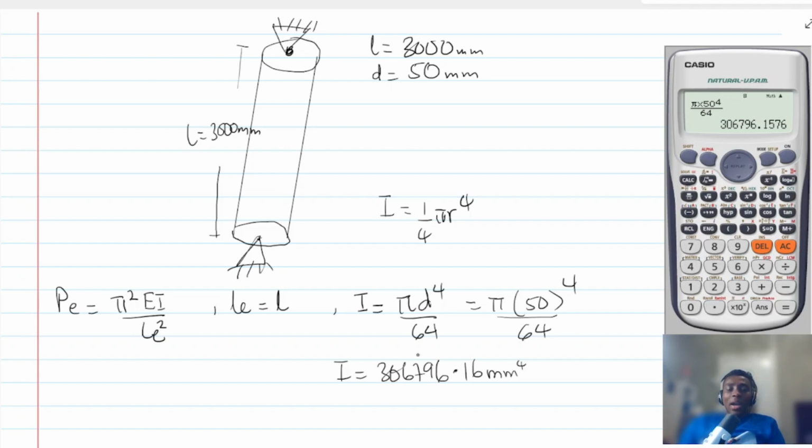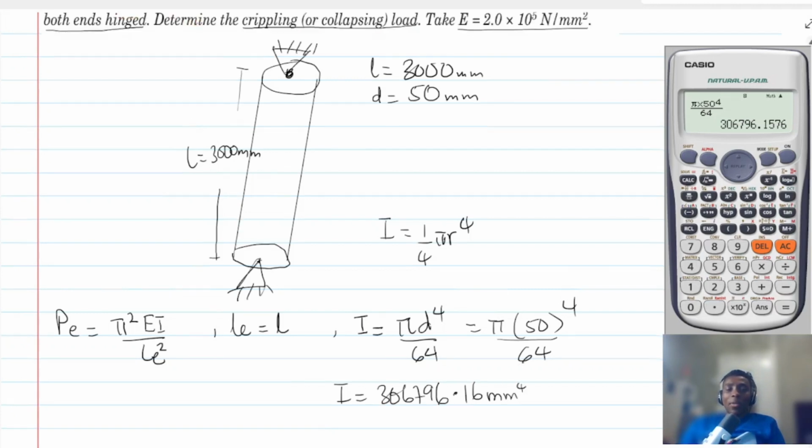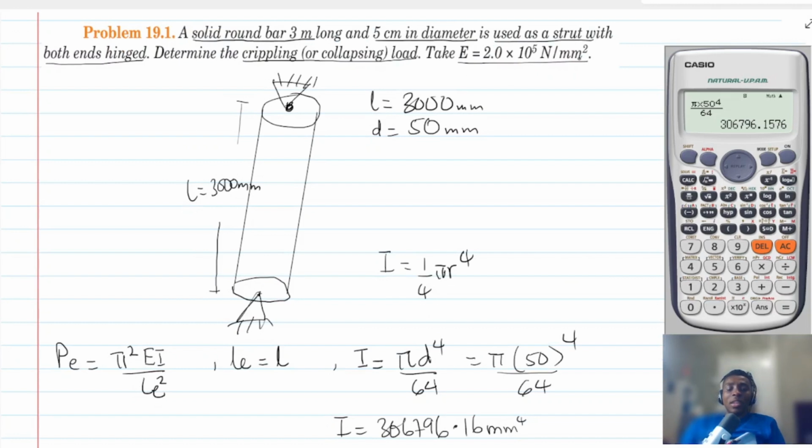So that is our I. Don't forget that our E is already given here. The E, which is the Young's modulus of the material, is in Newton per millimeter squared.